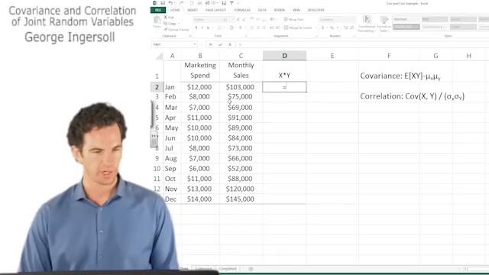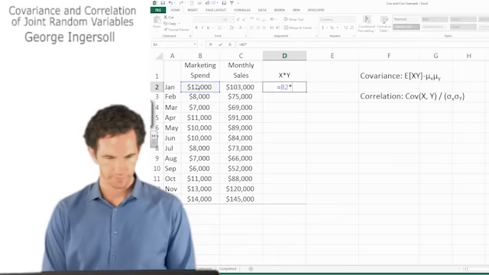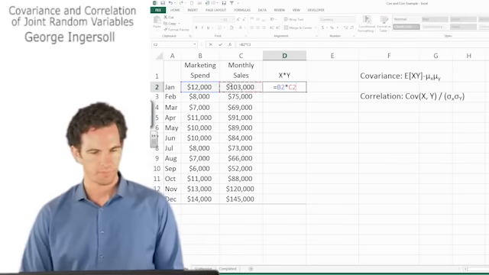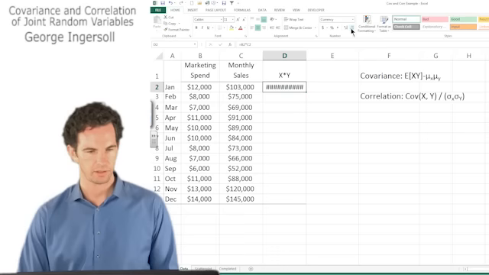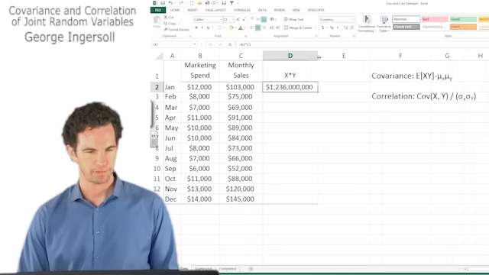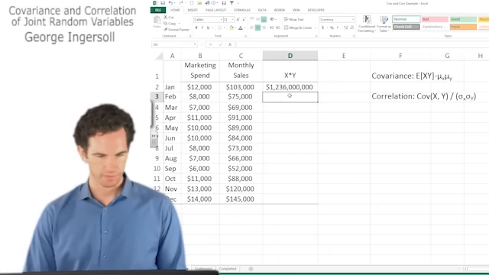This is going to help us get the average here. So first off, I'm going to set this up so we're calculating each of these values.